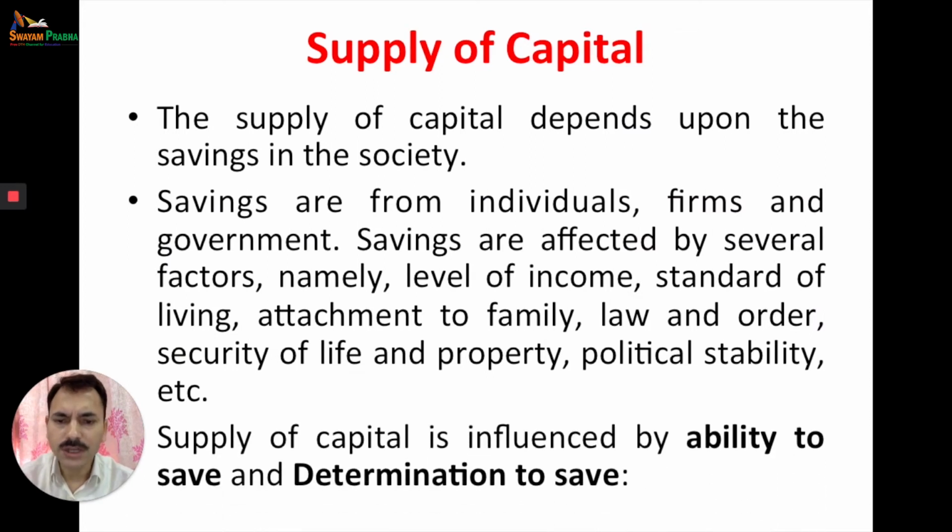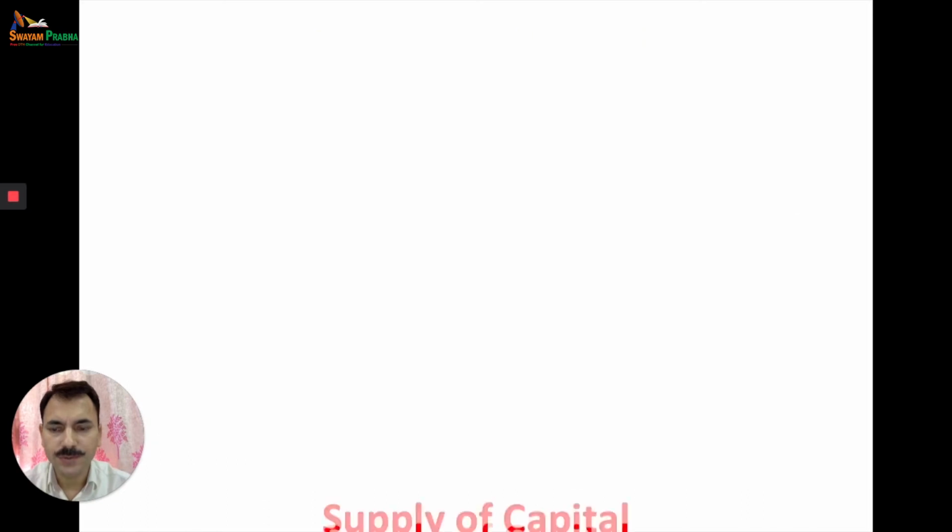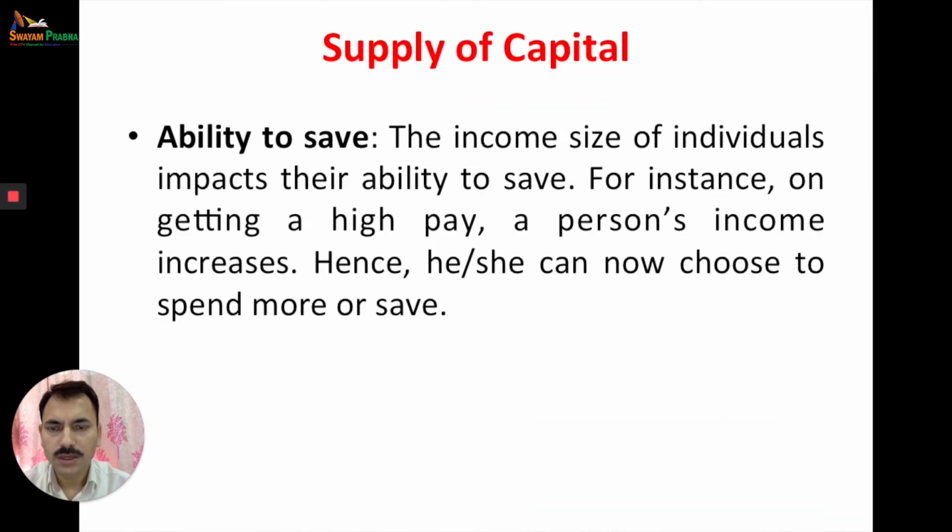Supply of capital is influenced by two factors. One is ability to save and the other is determination to save. Ability to save means the size of income impacts their ability to save.